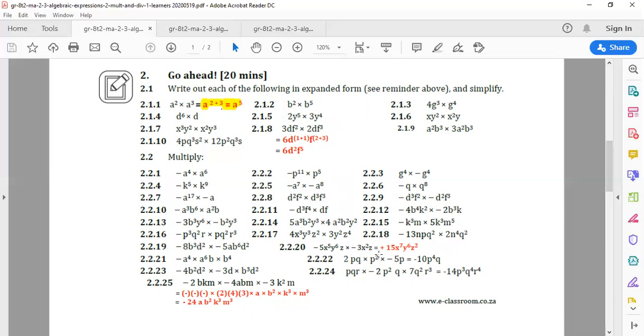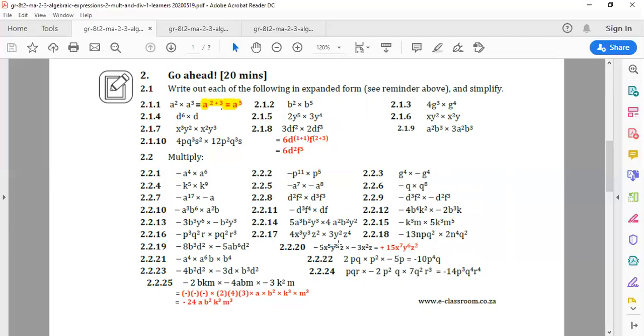If you look at this question, you have minus 5x to the exponential 5 multiplied by y to the exponential 6 and z all multiplied by minus 3x squared z. So from one side, you first work out the sign. Negative multiplied by negative is a positive.